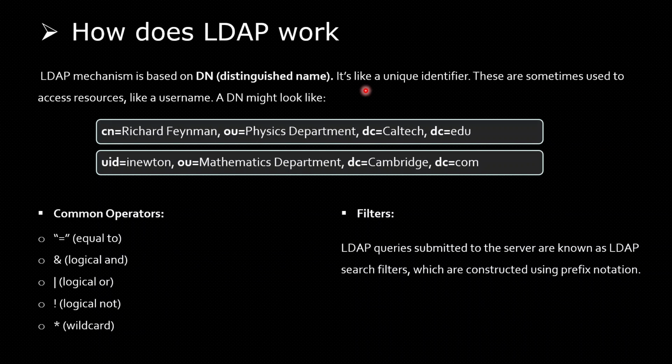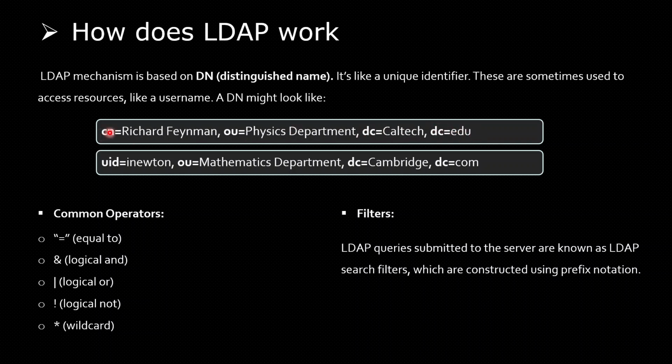And now we need to understand how the information is stored in LDAP, or how LDAP works. The LDAP mechanism is based on the DN, the distinguished name, which is like a unique identifier. One DN will look like this. CN stands for common name, OU stands for the business department, and DC stands for domain controller, which is the domain.